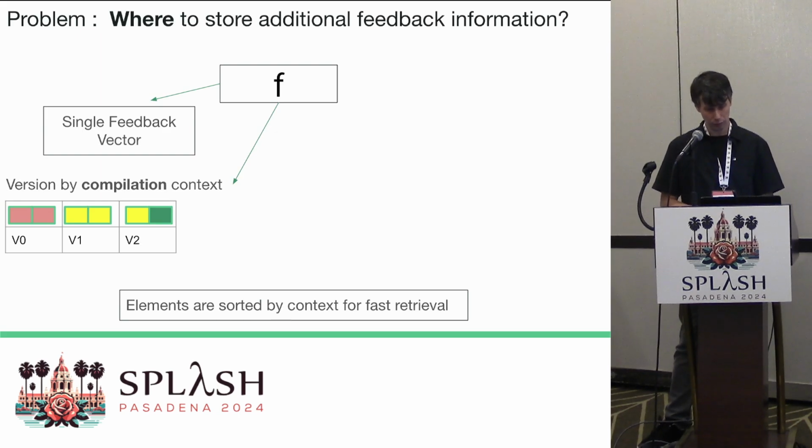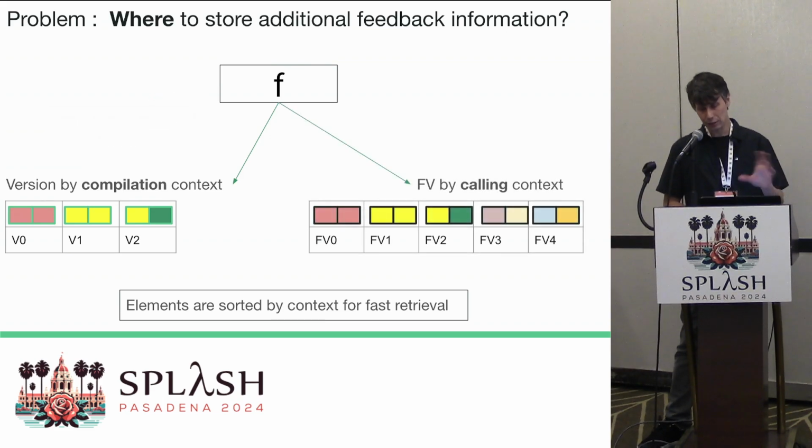Now, the problem is, where do we store this new information? We start with a function f. This is the internal representation of the function. On the one hand, we have all the compiled versions for the different compilation contexts and a single feedback vector. We turn that into another table which has multiple feedback vectors, one per calling context.